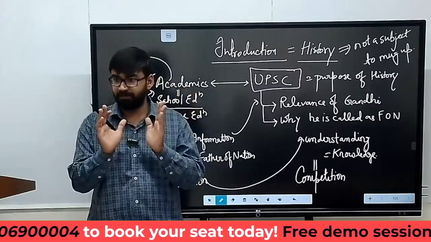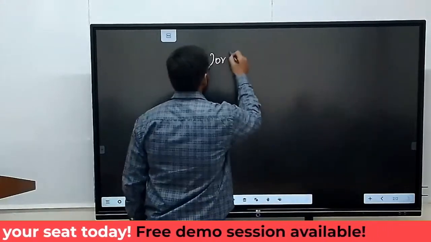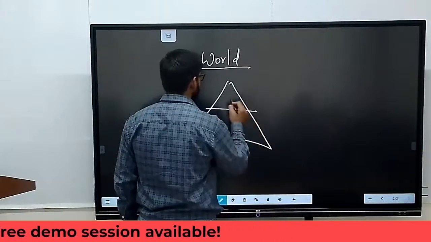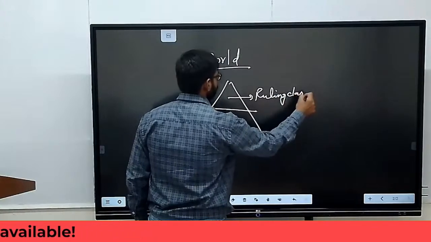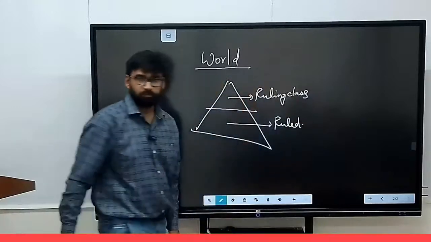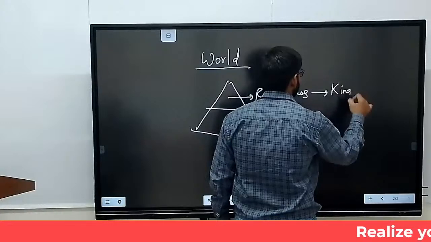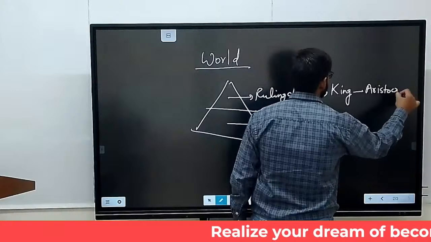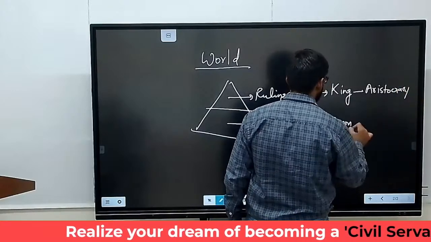This is the difference. This world is divided into two classes only. One is the ruling class, another is the ruled. That means one is king or aristocracy, another is common people.